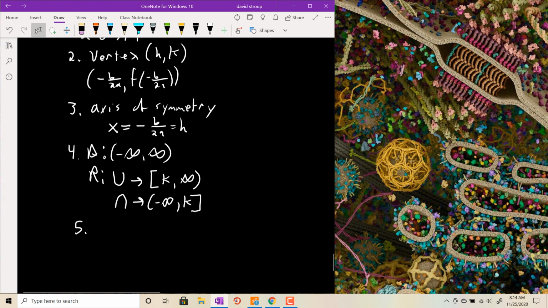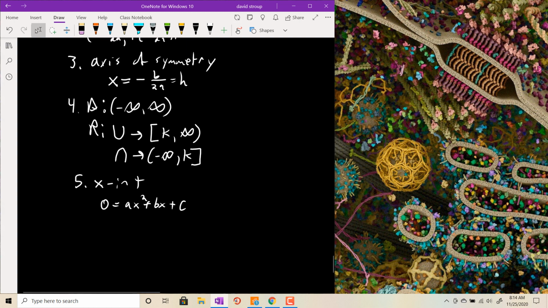And then you get your x and y intercepts. For the x-intercept, you let y equal 0. So 0 equals ax squared plus bx plus c. For the y-intercept, you let x equal 0. So y will equal c.